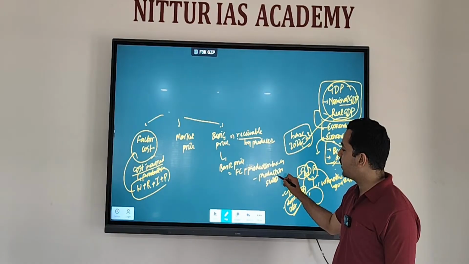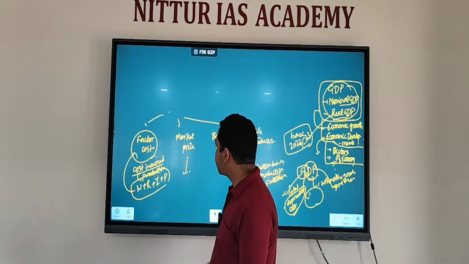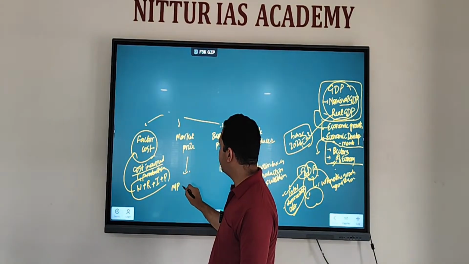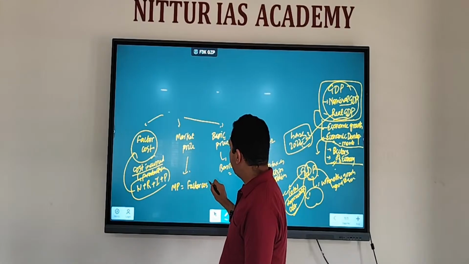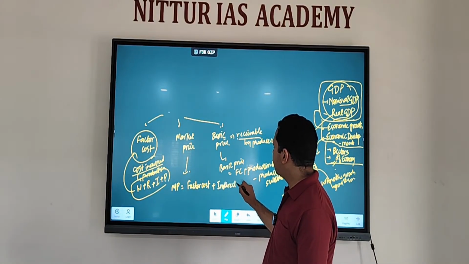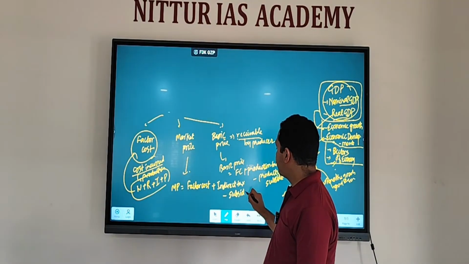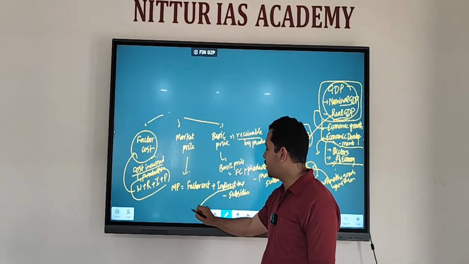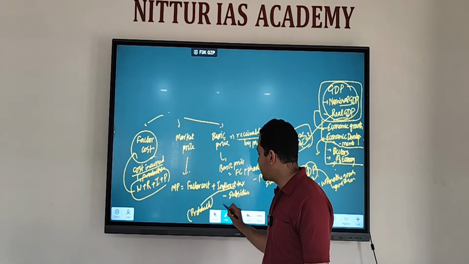And the third we have discussed is market price. Market price is equal to factor cost plus indirect taxes minus subsidies. As we discussed here, we are taking which tax? Product tax. And which subsidies?